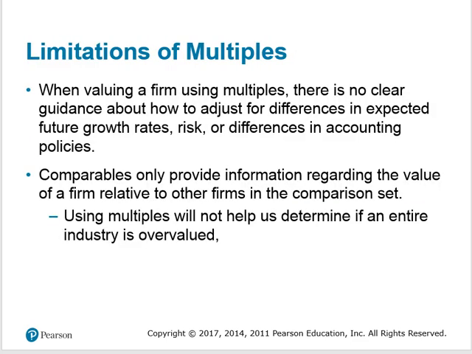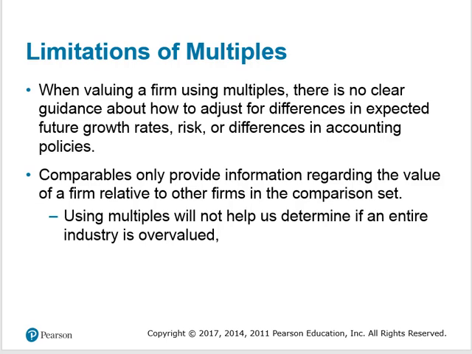Now, the limitations of these multiples is that there's no real guidance about how to adjust for differences. What happens if the company changes the risk factors? What if the company changes its accounting policies? All of these will have influence on these multipliers, and there's no real clear guidance on how to adjust for that.